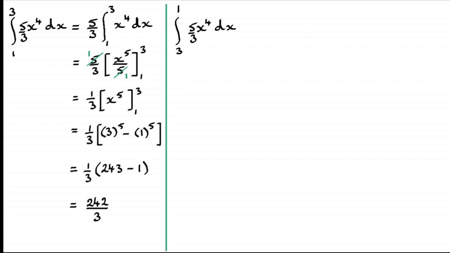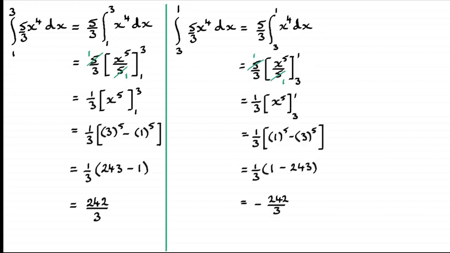What I'm going to show you is that just by swapping limits around, you end up with the negative of this result. And I won't delay this, I've got the solution here. You can see that I've done exactly the same as what we did here, all the way down through, only our limits have been reversed.